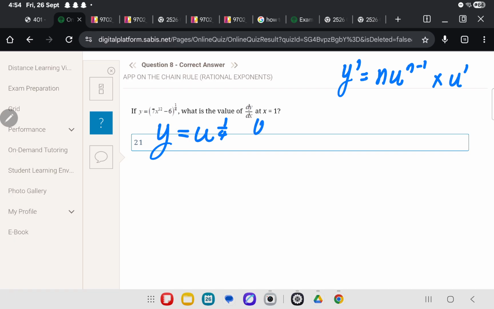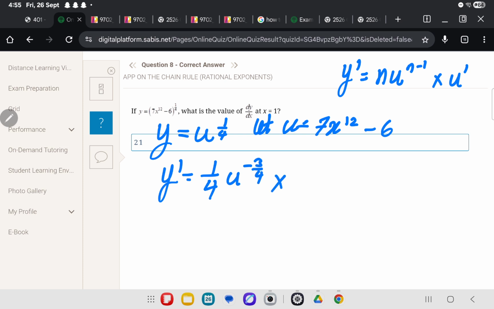Now obviously I'm going to say let u equal 7x to the power of 12, sorry, 7x to the power of 12 minus 6. Now, deriving this, it's going to be 1 over 4 u, what's 1 over 4 minus 1? Negative 3 over 4, I don't need the calculator for this. Times, deriving what's on the inside, it's going to give me 12 times 7, 84, x to the power of 11, because I'm subtracting from the power here.